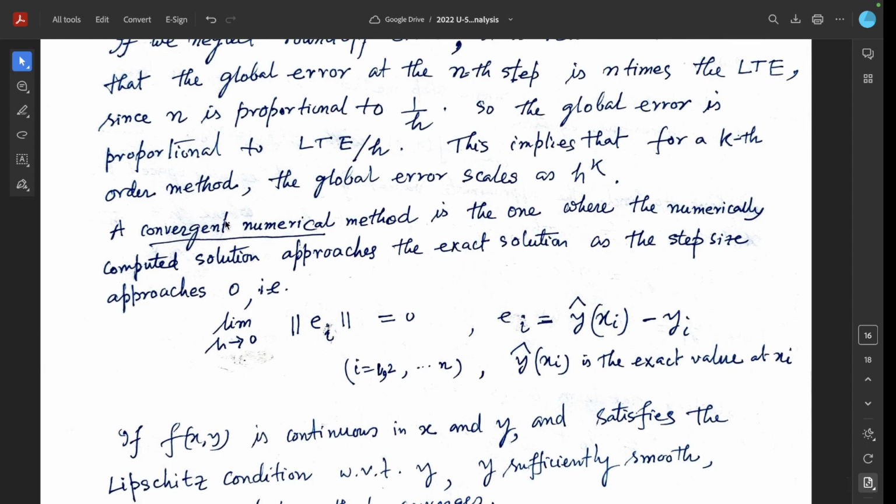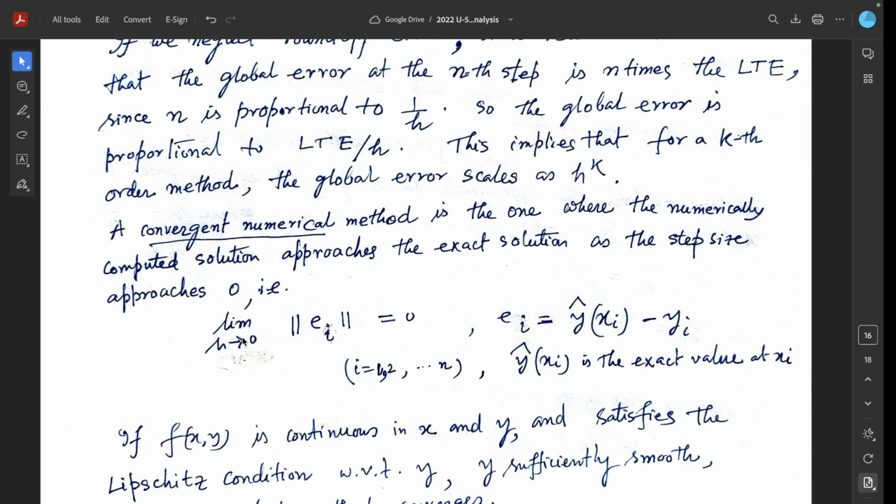A convergent numerical method is one where the numerically computed solution approaches the exact solution as the step size approaches 0. That is, limit as h tends to 0 of the norm of ei equals 0, where ei is the exact value y cap at xi minus the computed value yi at the point xi.